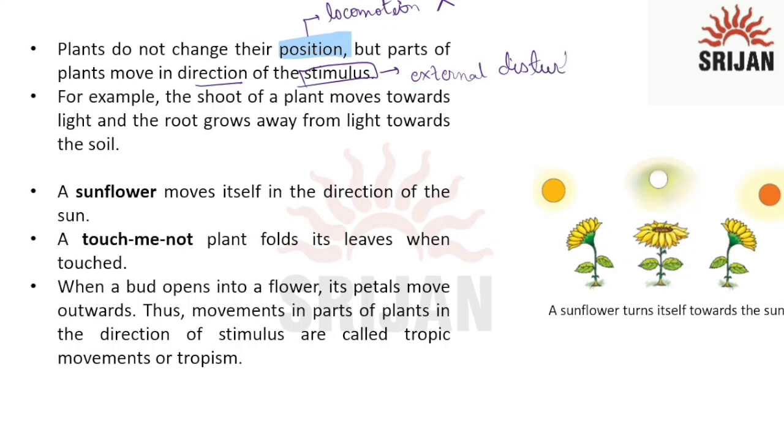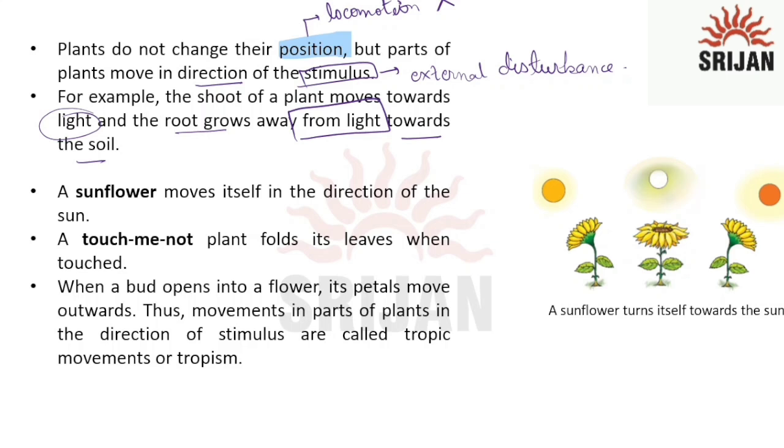Suppose there is any change in the environment, the plant will give a response in the form of movement. For example, the shoot of a plant moves towards light and the root grows away from light towards the soil.